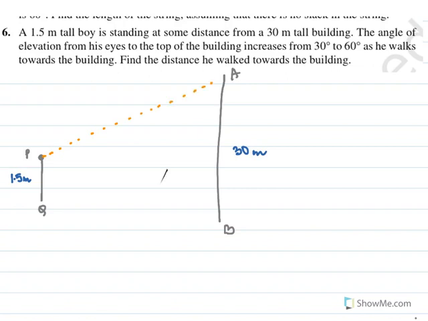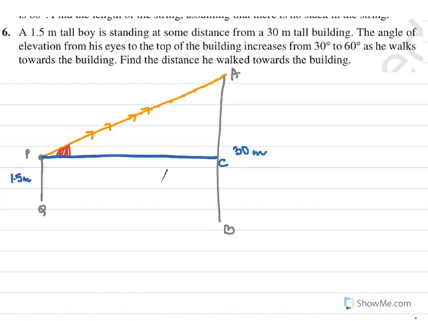This is his line of sight. What is the angle of elevation? It is the angle between the line of sight and the horizontal. So we need to draw the horizontal. This is the horizontal. We'll mark this as C here.